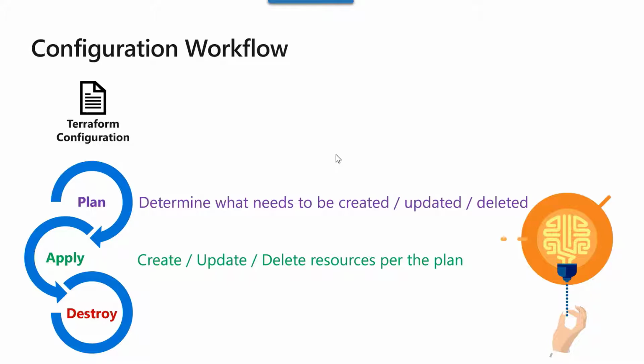The second step is to actually perform the action, like creating a resource group, updating a resource group by adding new tags, or deleting a resource group, per the plan. That's why you use the Terraform apply command. If you want to destroy a provisioned infrastructure, you use the destroy command. Now, let's take a quick look at this configuration workflow with a simple configuration of creating a resource group.